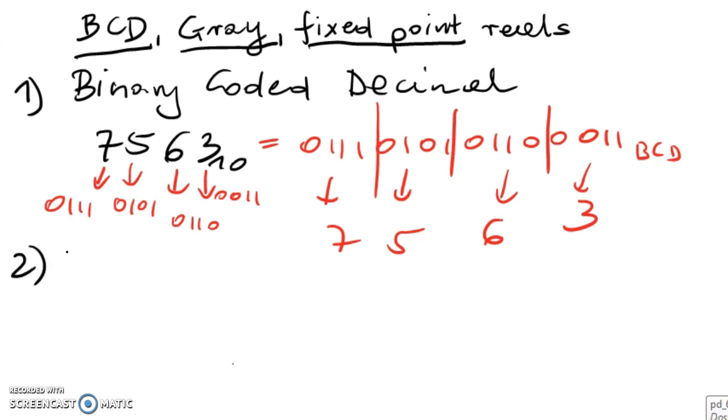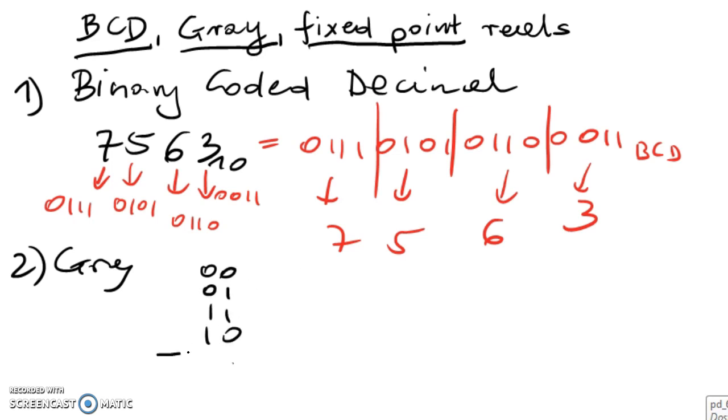What about Gray code? You know Gray code from Karnaugh maps, but in the Karnaugh maps you had 2-bit representation only.